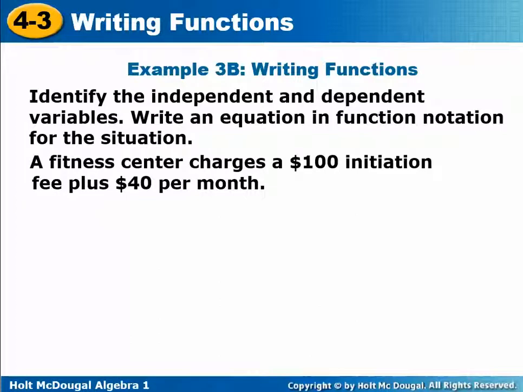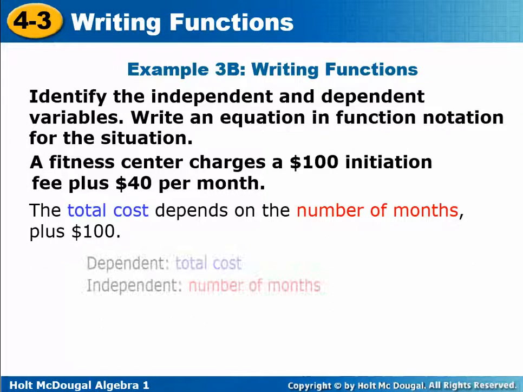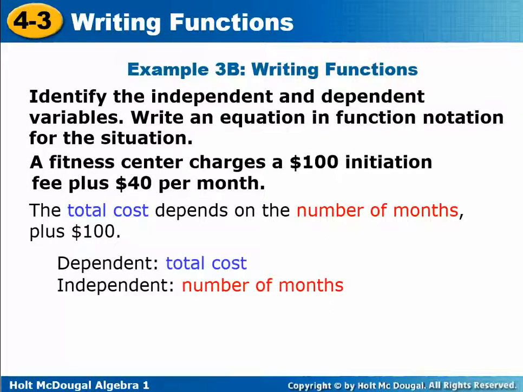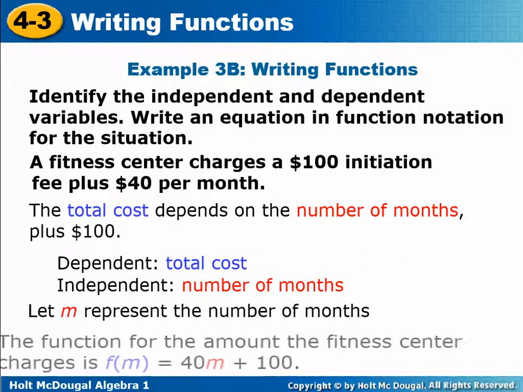Okay, here's another one. A fitness center charges $100 initiation fee plus $40 per month. So the independent variable is, well, let's write it this way first. The total cost depends on the number of months plus 100. So the independent variable is the number of months. The dependent is total cost. To write your equation, again, they're using m. You can use x.